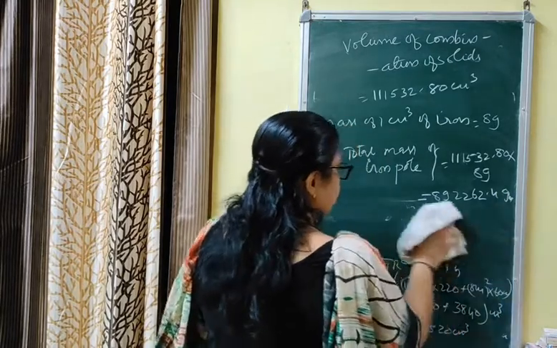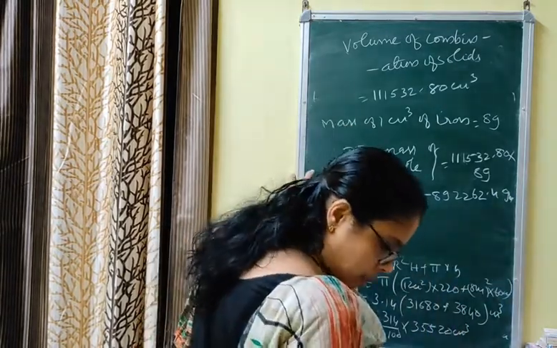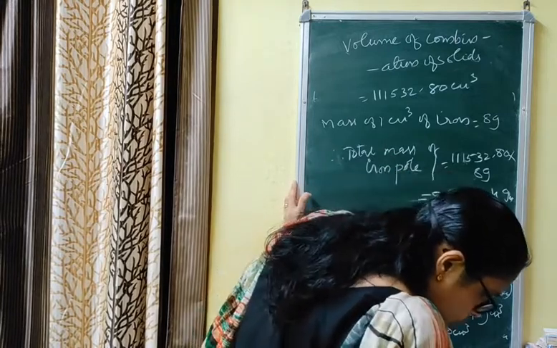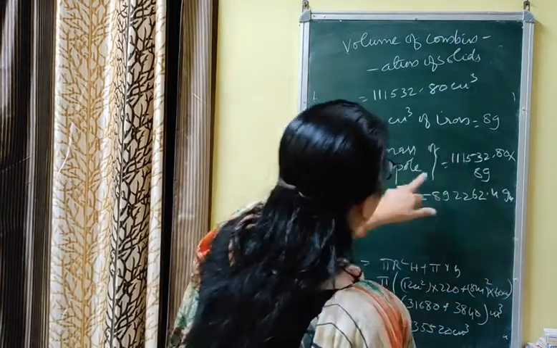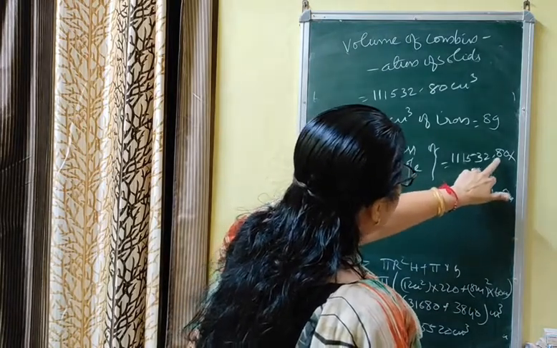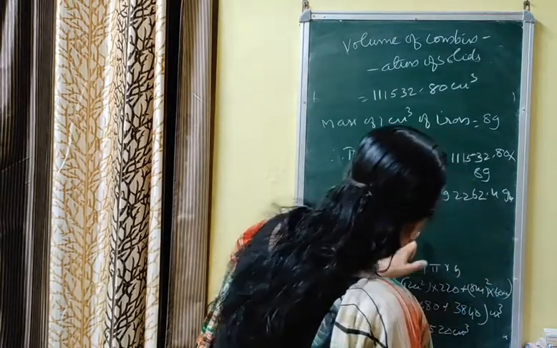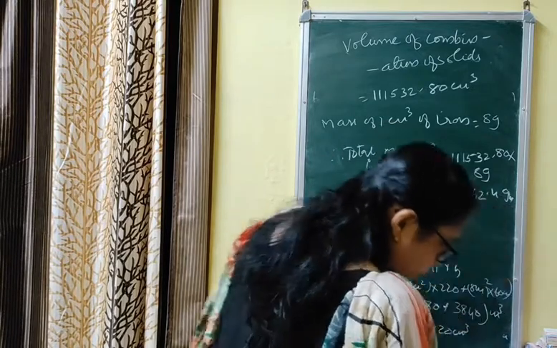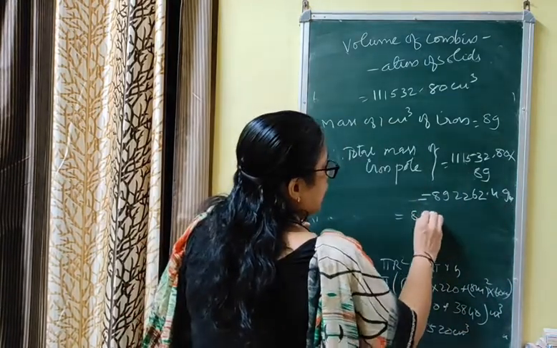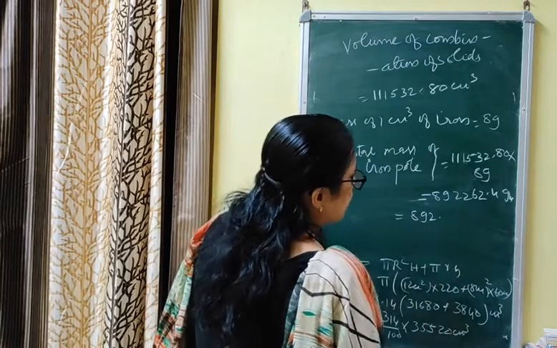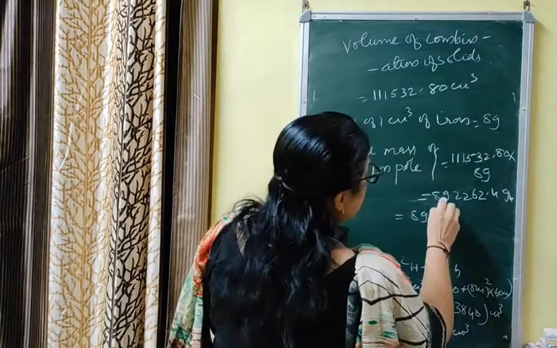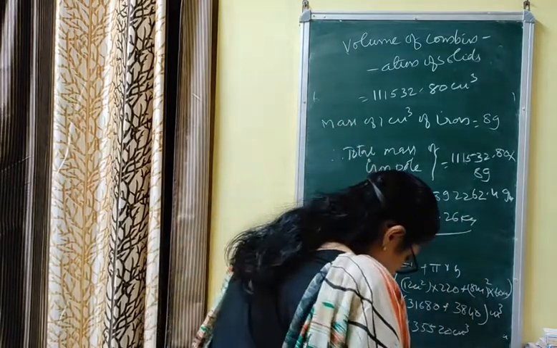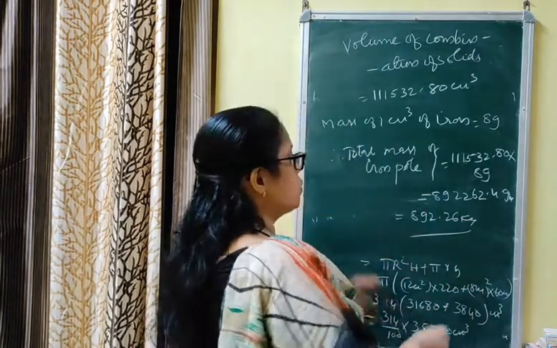But we usually measure the mass in kilogram. If you change it to kilogram by dividing by 1000, you get 892.26 kg. The calculation is so big, 892.26 kg.